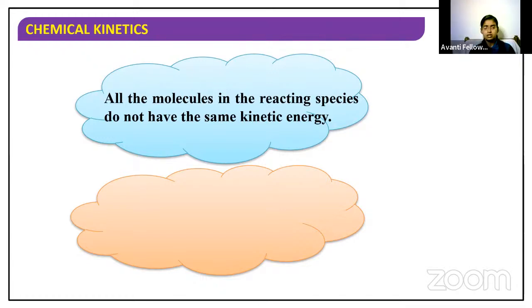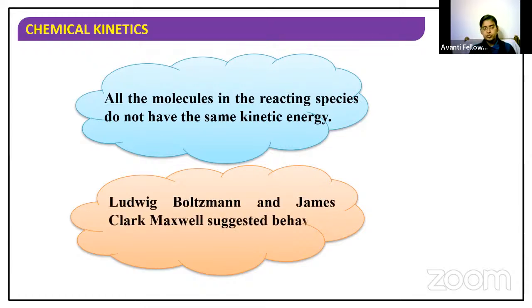Okay, so all the molecules in the reacting species do not have the same kinetic energy value because the velocity of each particle will differ and the mass of each species may differ. So different molecules will have different kinetic energy. Here two scientists come in, Boltzmann and Maxwell.